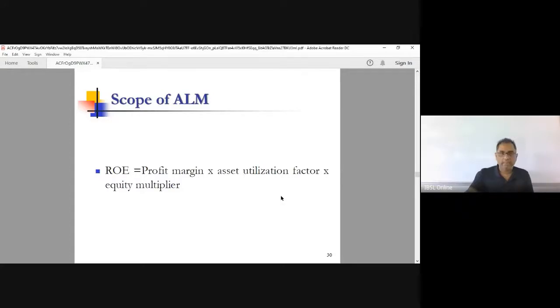Put all that aside, what it's showing you is, based on the profit you make and the assets you have generated and the equity you have raised, this is your return on equity. So what it's trying to show is, for a certain amount of equity, the profitability that you're generating is by putting out so much of assets.